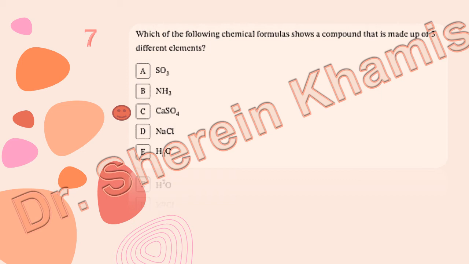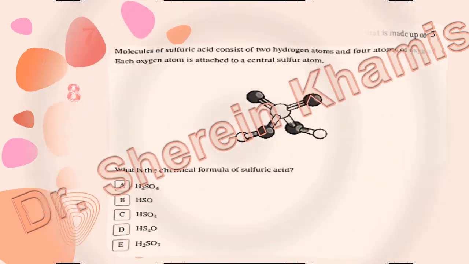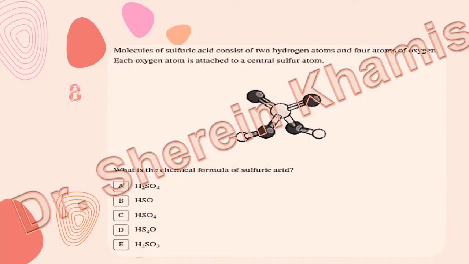Okay, let's go into question 8. Question 8 says that molecules of sulfuric acid consist of two hydrogen atoms and four atoms of oxygen. Each oxygen atom is attached to a central sulfur atom.